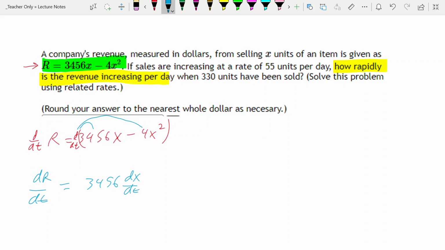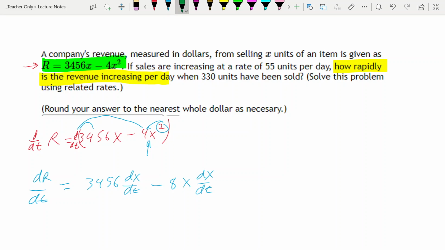Now we have to do the derivative of negative 4x squared. The minus 4 is a constant multiplier, so it stays there. For the derivative of x squared, we have a little chain rule. The 2 comes out to the front and multiplies the 4, making it negative 8x. Now I have to do the derivative of the inside. What's the derivative of x? That would just be dx/dt. And there we go, there's our derivative.